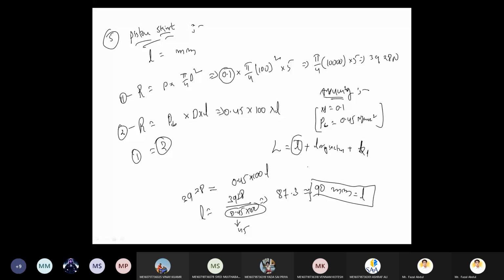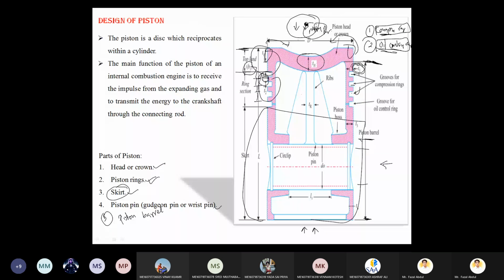So I'm going to the diagram. See here, the length of the ring section: 1, 2, 3, 4 rings we are using. 4 into T2, because this is the thickness T2.